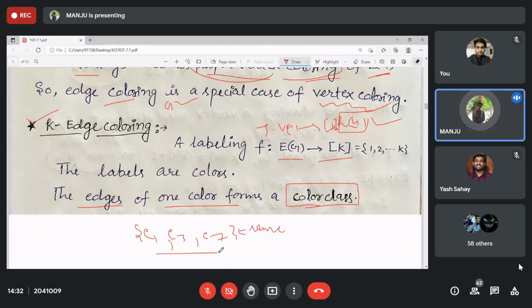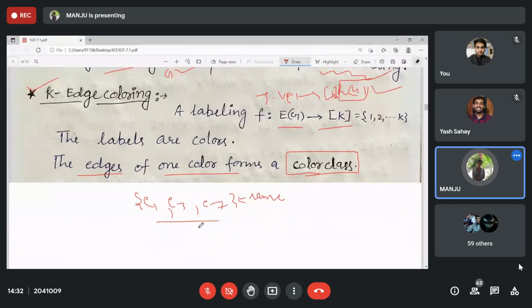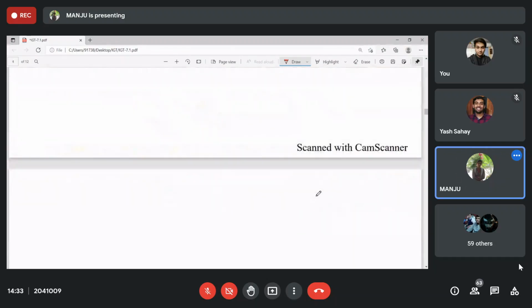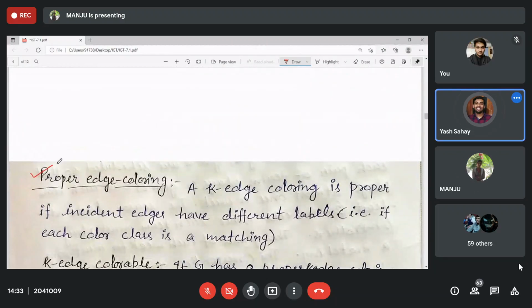Will these form a matching? Yes, ma'am. This will form a matching. Similarly, the maximum number of edges that have the same color corresponds to alpha dash, and that is the same as the maximum matching. Right? Yes, ma'am.